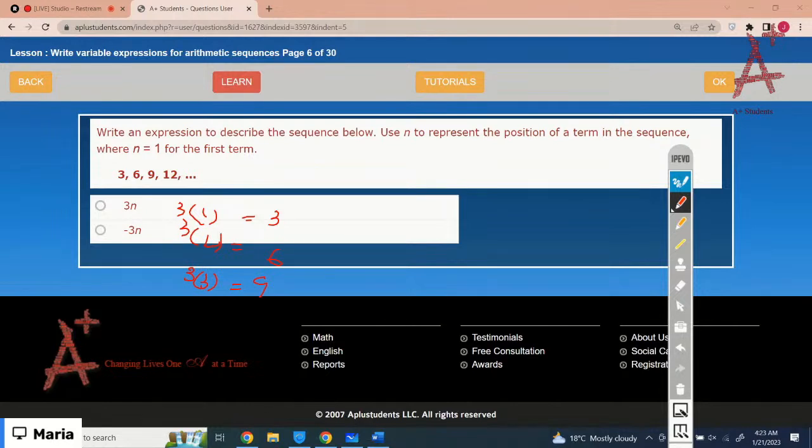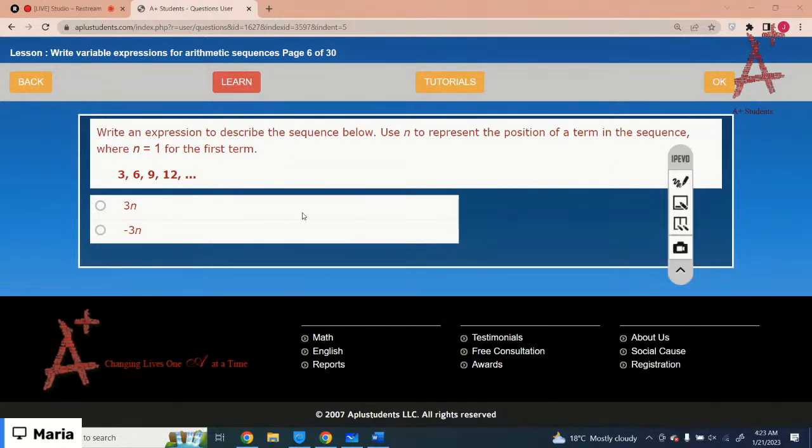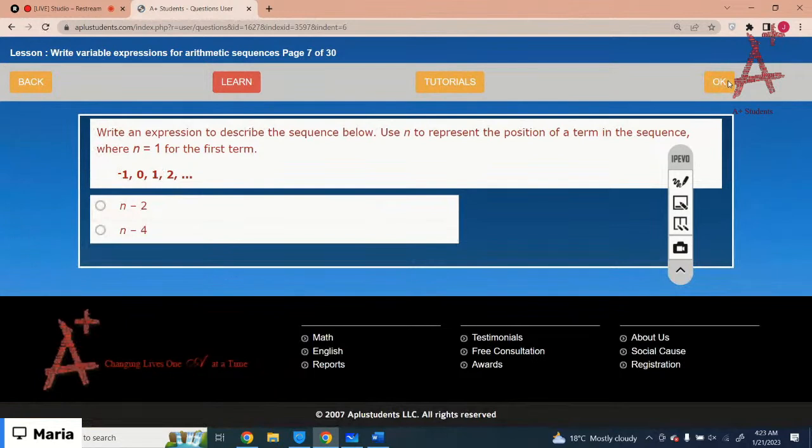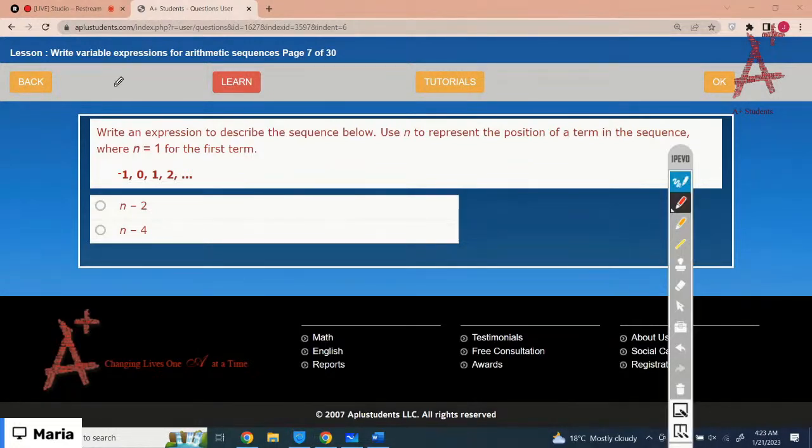So that is 3n. Okay, the next one: write an expression to describe the sequence below. Use n to represent the position of a term in the sequence. So you have to start with n equals 1. Just replace n with 1. For the first one, 1 minus 2 is negative 1. When n equals 2, 2 minus 2 is 0.